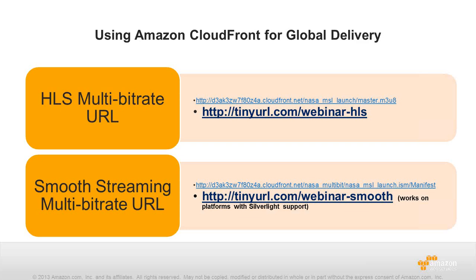The first question says, can this technology be used to broadcast a live stream from a camera attached to a computer? So the answer there is, the technology that I demoed, which is the CloudFront's native HLS and smooth capabilities, these are really designed for on-demand video delivery. CloudFront does support live streaming as well.